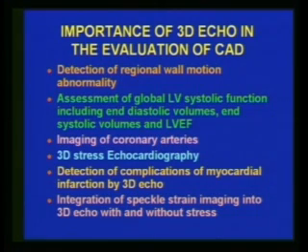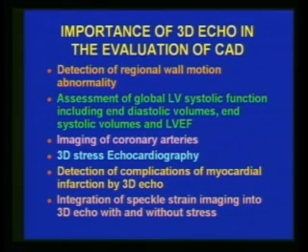The assessment of the global LV systolic function, including the end diastolic volume, the end systolic volume and ejection fraction, is going to be more accurate by 3D echo as opposed to 2D echo because of the absence of foreshortening and because of the absence of any geometric assumptions.